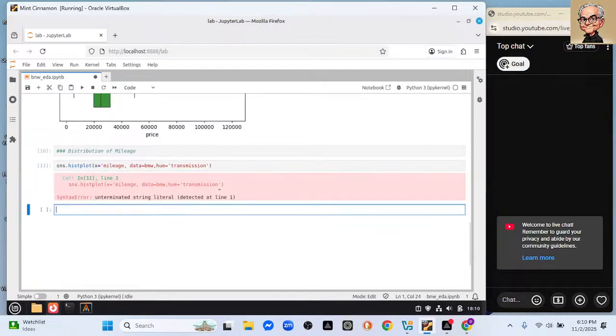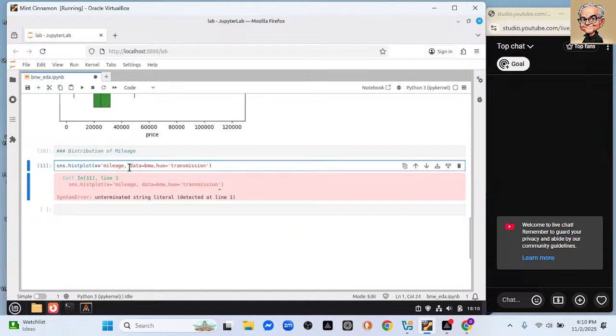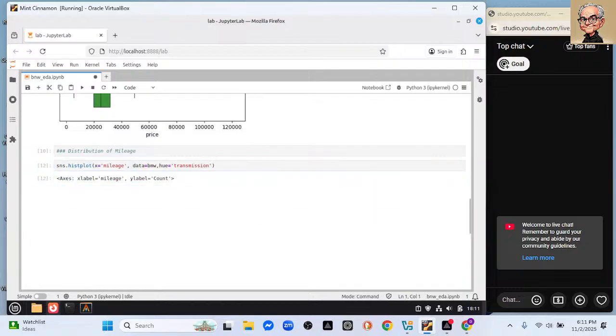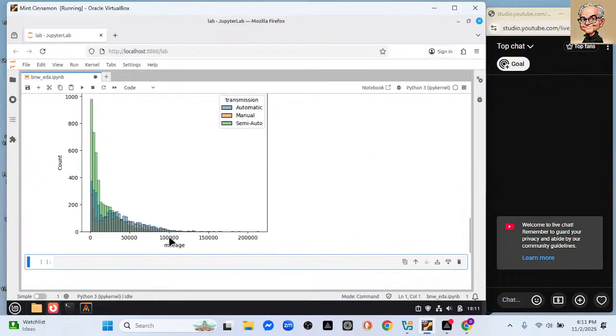Let's look at this. String literal. Okay, so here's a distribution by mileage.